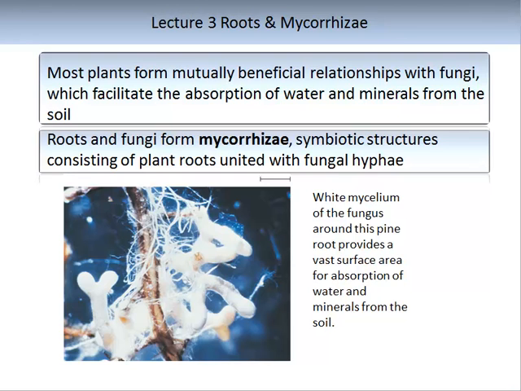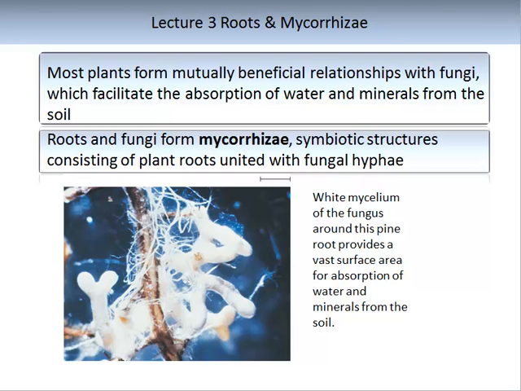Most plants, we have discovered, have mutually beneficial relationships with fungi and/or bacteria, which can facilitate the absorption of water and minerals from the soil. These organisms are usually referred to as the mycorrhizae, and they tend to be symbiotic structures, consisting of plant roots which are united with the hyphae from fungi.